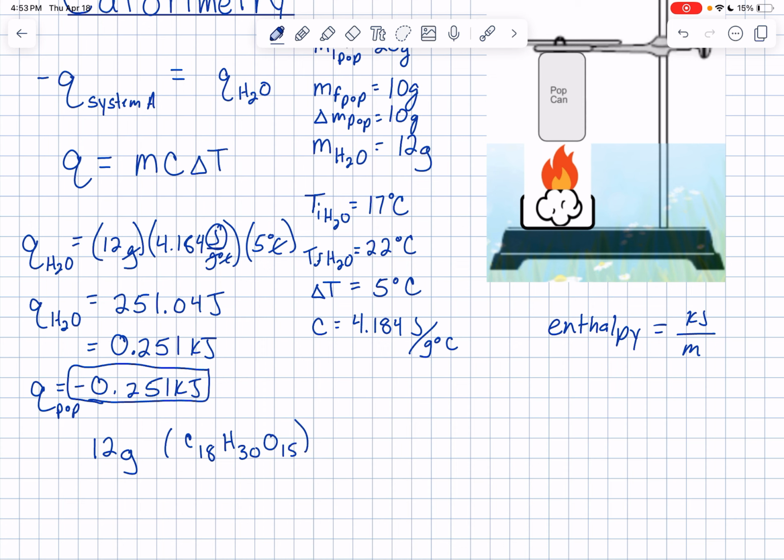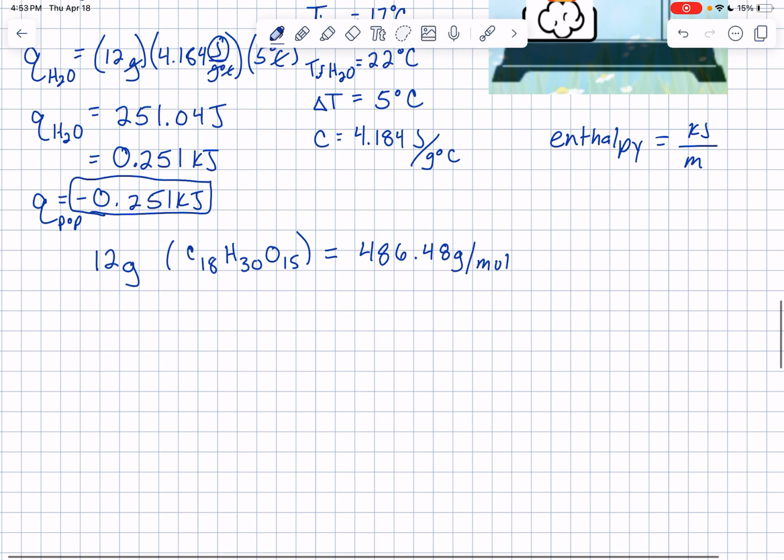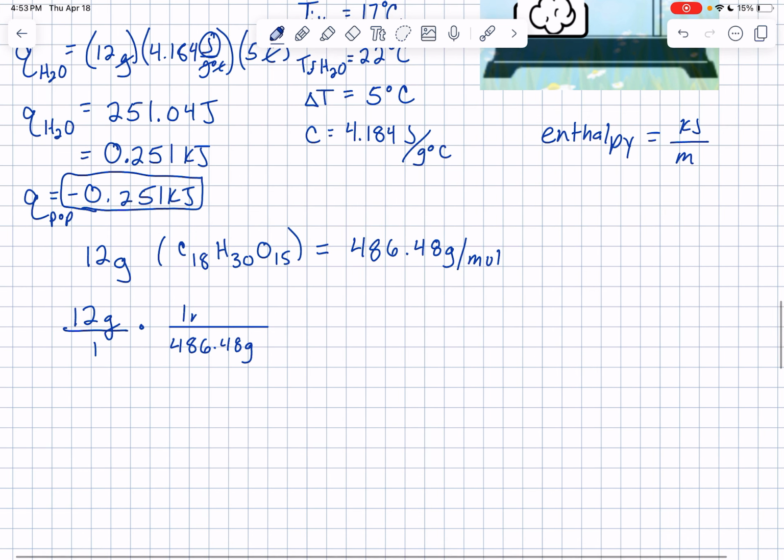And when you calculate that molar mass, that gives you a molar mass of 486.48 grams per mole. And so I need to convert my grams to moles. So I have 12 grams. Grams goes on bottom, so 486.48 grams in 1 mole of popcorn or starch.